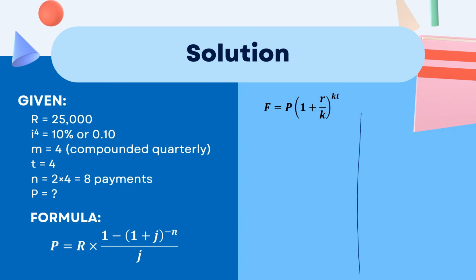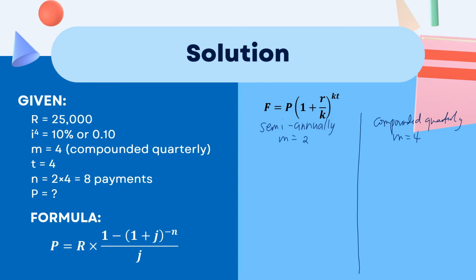So, compounded quarterly tayo. Ibig sabihin, ang M po natin dito is equal to 4. Yan, ang payment po naman natin is semi-annually. Or every 6 months. So, ibig sabihin, ang M natin is equal to 2.